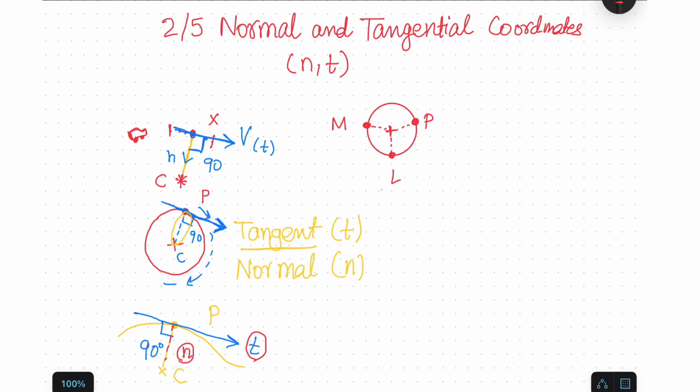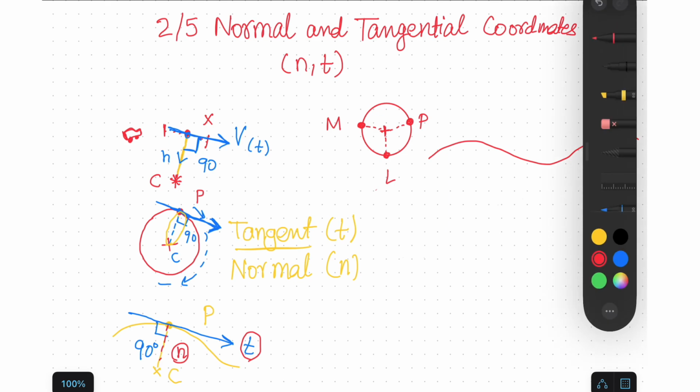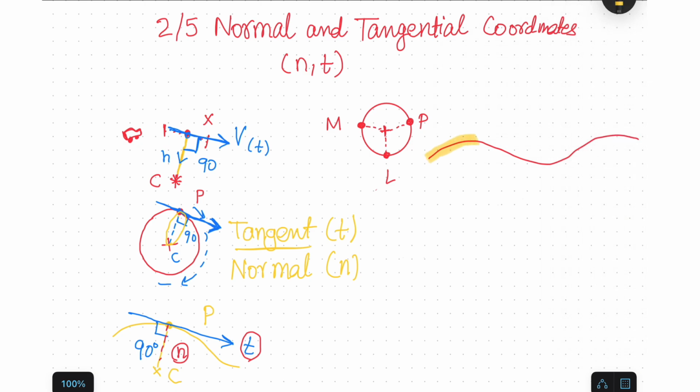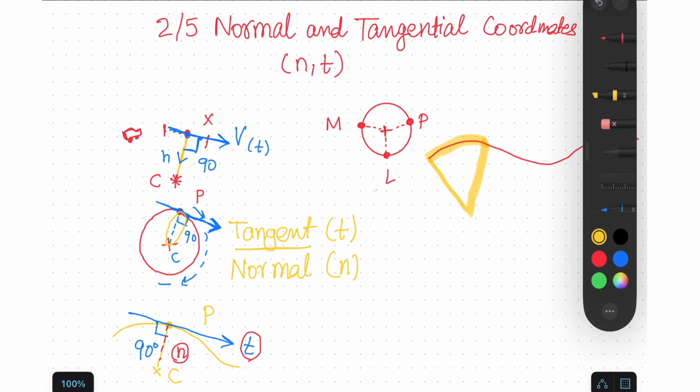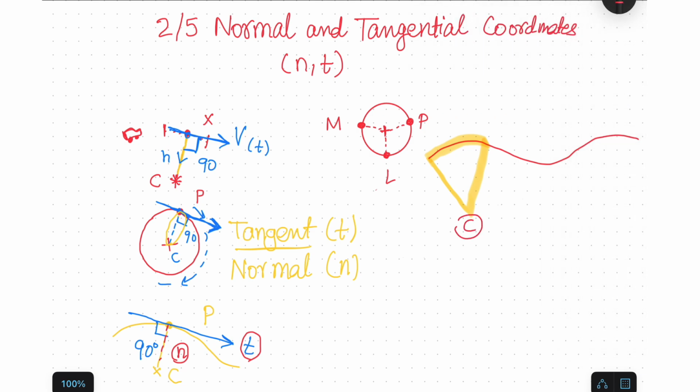But what happens in an actual curvilinear path like a highway or any motion? These curvilinear paths are broken into segments. For this segment we can say the center is here. For another segment, the center can be at this point.